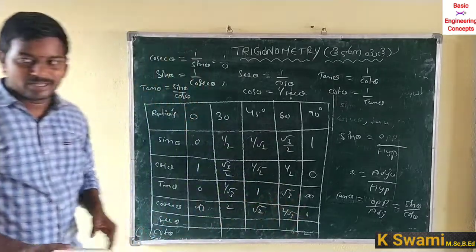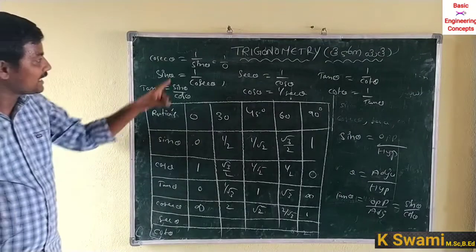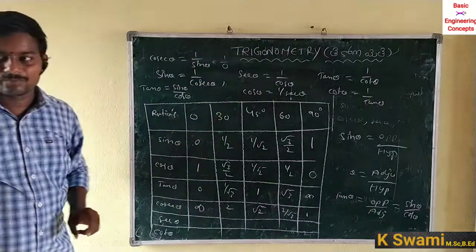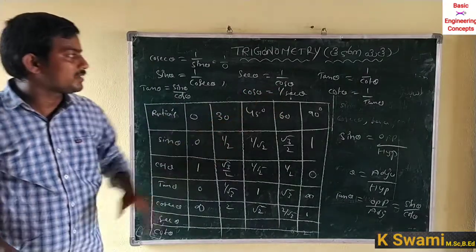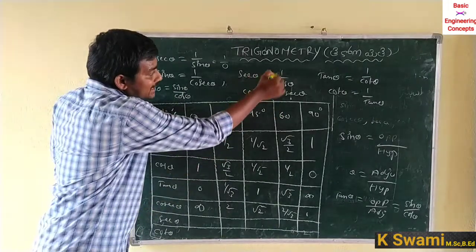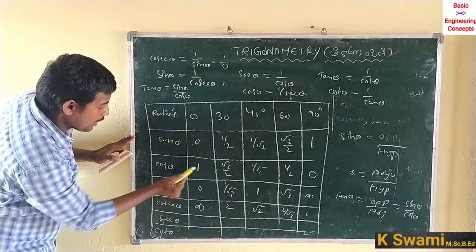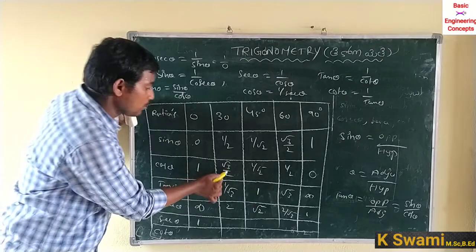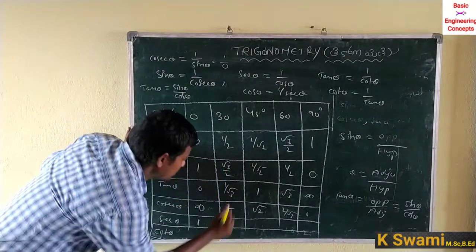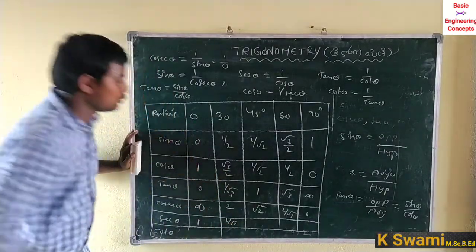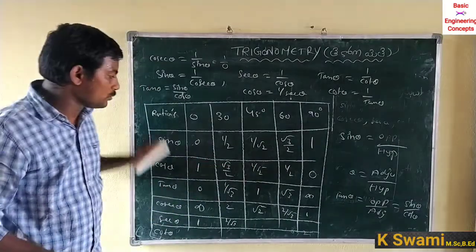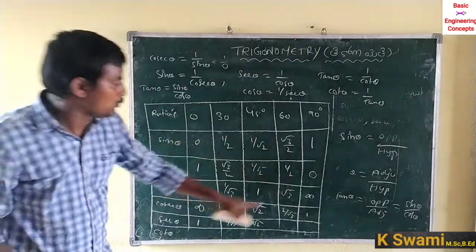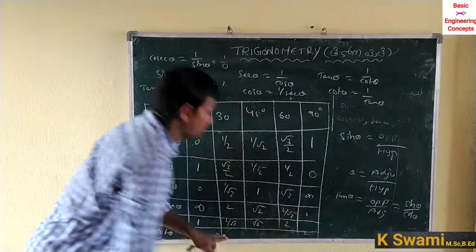And secant theta is equal to 1 by cos theta. So cos theta is equal to 1 by secant theta, and secant theta is equal to 1 by cos theta. 1 by 1 is equal to 1, and 1 by root 3 by 2 is equal to 2 by root 3. 1 by 1 by root 2 is equal to root 2, and 1 by 1 by 2 is equal to 2.